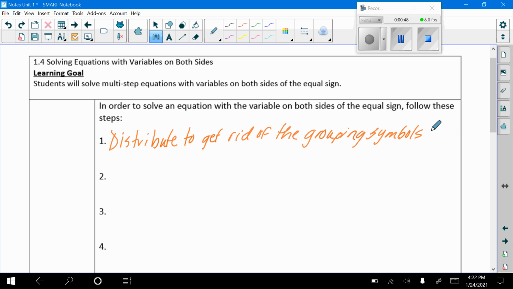Which, hopefully, means parentheses. And the next thing we're going to do is simplify both sides of the equation. So simplify.